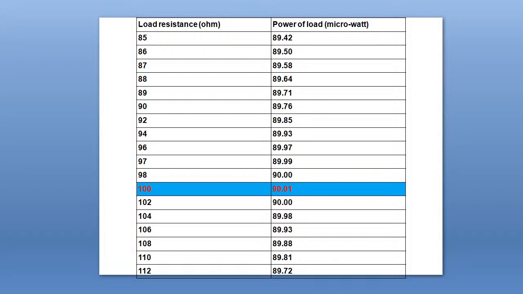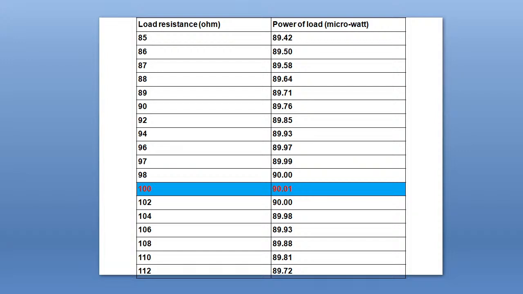She considered load resistance values starting at 85, then 86, 87, up to 100, 112, and she noted down the corresponding load power.